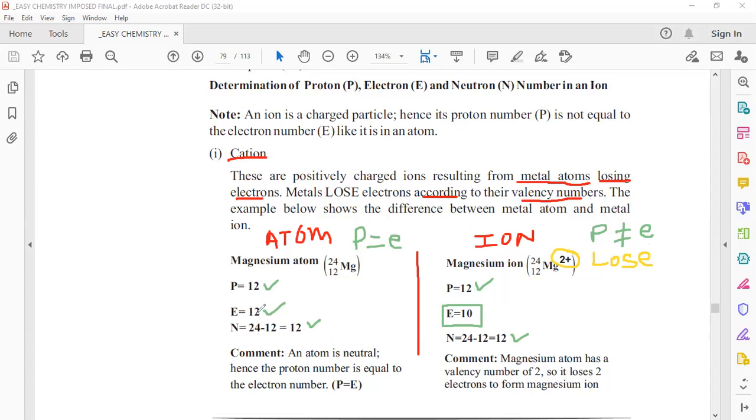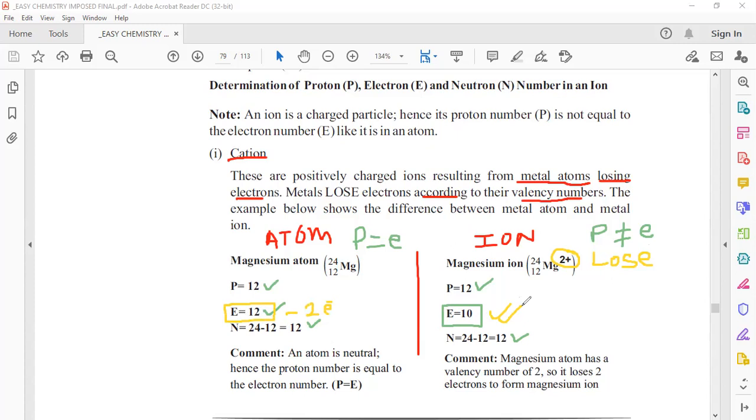From the initial electron number that an atom had, which was 12, you subtract the 2 electrons which have been lost, and the new number of electrons will be 10, which is the one that you are seeing here. So that is how we determine the electron number.